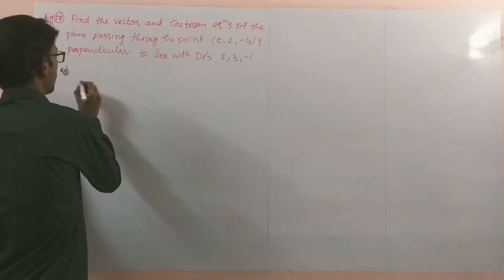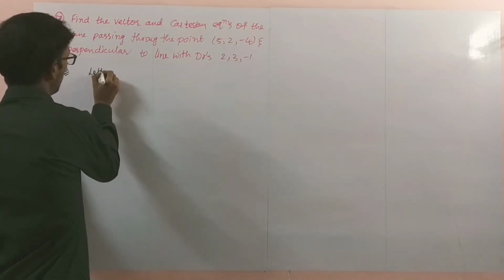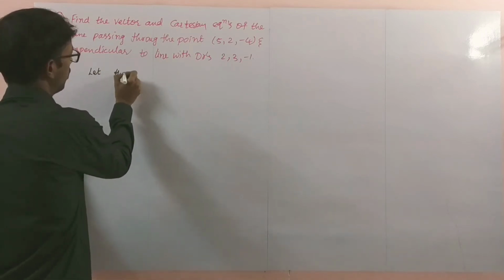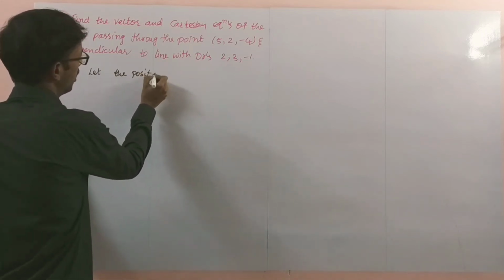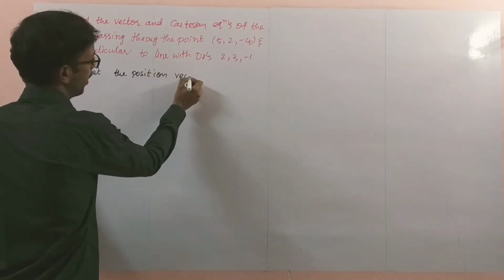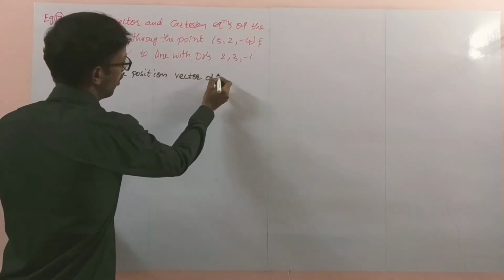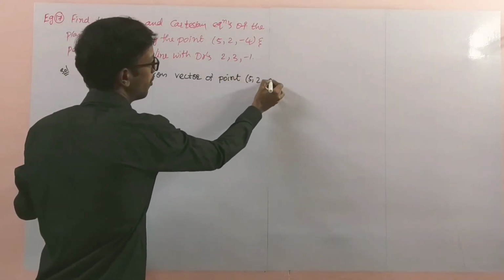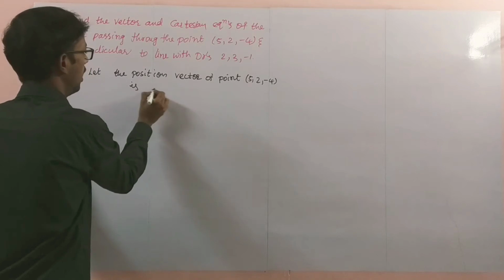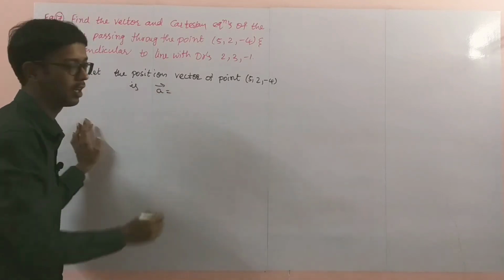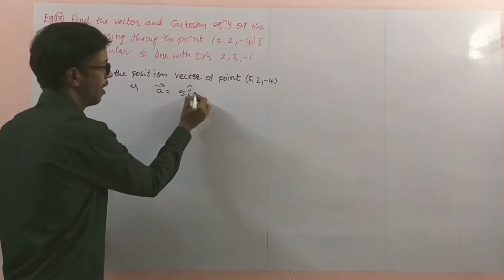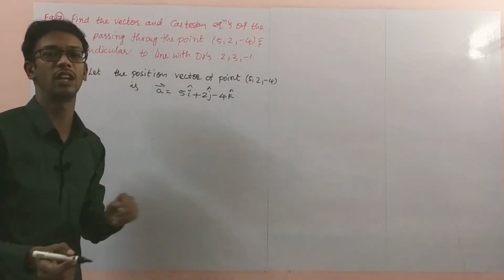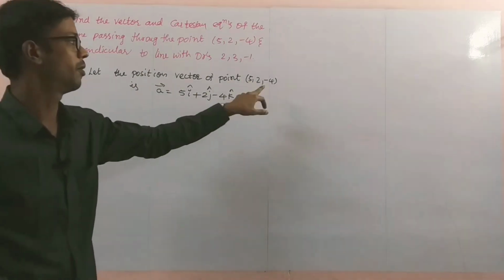Solution: let the position vector of the point 5 comma 2 comma minus 4 be A bar. I am taking A bar equal to 5 I cap plus 2 J cap minus 4 K cap. This is the position vector of the point the plane passes through.